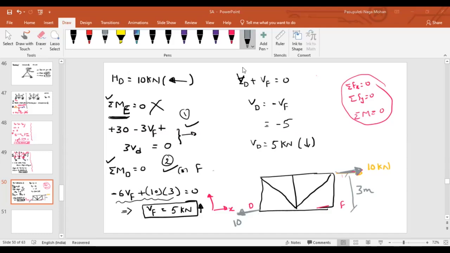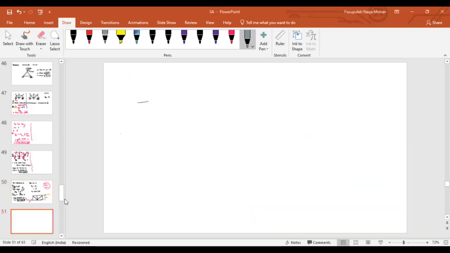What is meant by line of action? If I apply a force like this, line of action means drawing a line along it. This is where my 10 kilonewton applied force is acting, and this is where my horizontal reaction is developing. So these two are separated by how much distance?